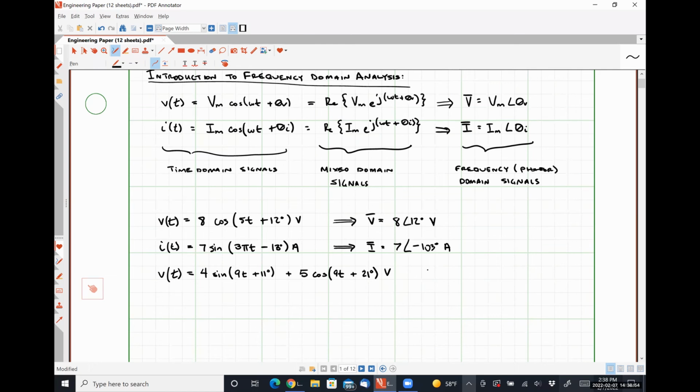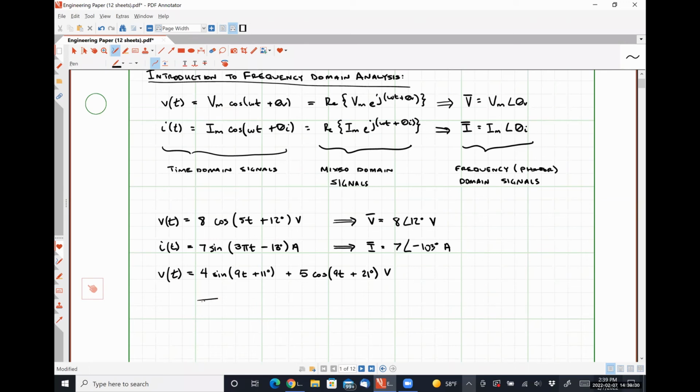So I would argue that we should represent each part of this as a frequency domain representation or complex number, and then add those results together, and it'll be the exact same thing as if we had combined them in the time domain and then converted over. So what I'm trying to say here is, instead of combining them in the time domain and then converting to the frequency domain, I say we convert to the frequency domain and then combine them in the frequency domain, and we will literally get the exact same result. Okay.